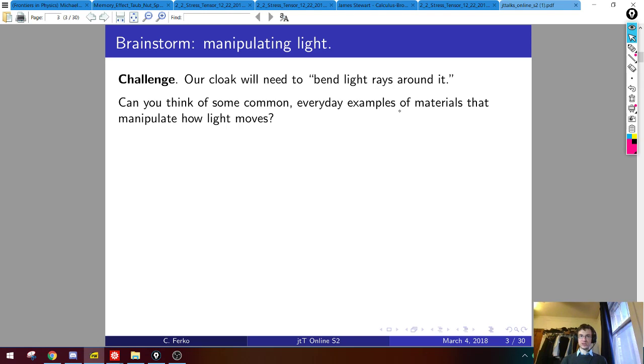Because our cloak involves some material that manipulates light or bends light rays around it, I will ask you for suggestions. Can you think of other less exotic examples, things that you're familiar with from everyday experience, that manipulate the propagation of light in some way? Any ideas?